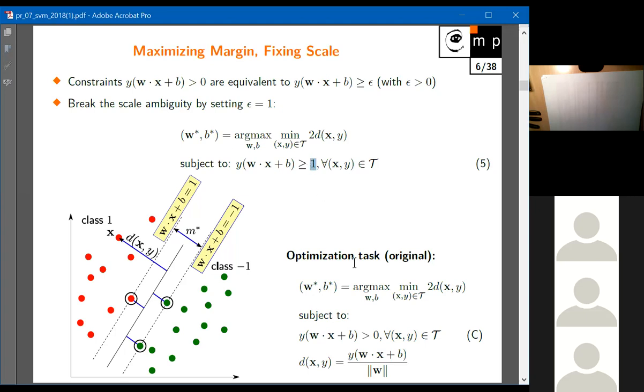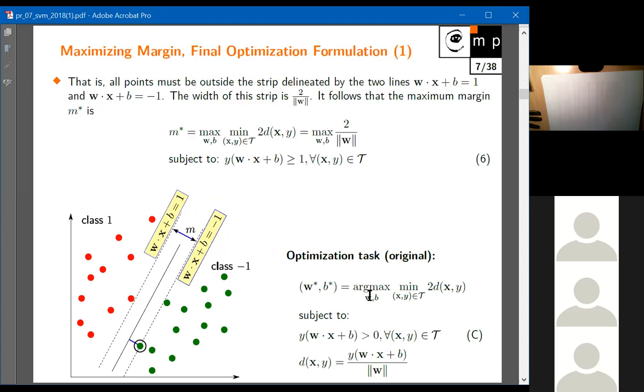So now I can change the formulation. Not maximize the margin, okay, the margin will be 1. We will not maximize the margin.